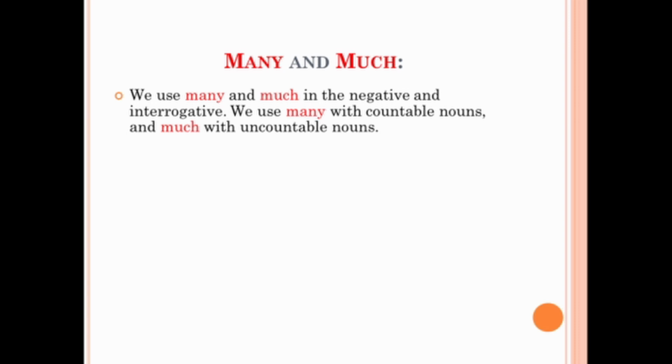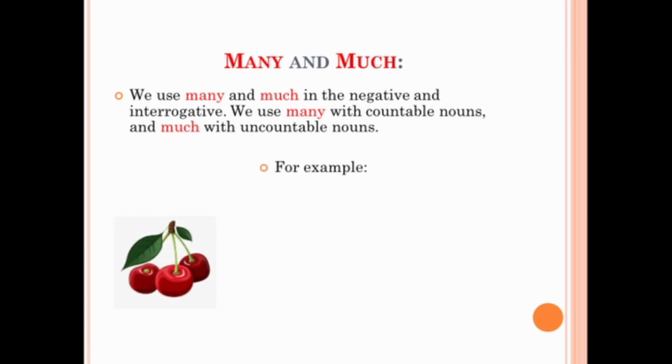We use many and much in the negative and interrogative. Negative and interrogative. We use many with countable nouns and much with uncountable nouns. For example, how many cherries are there?